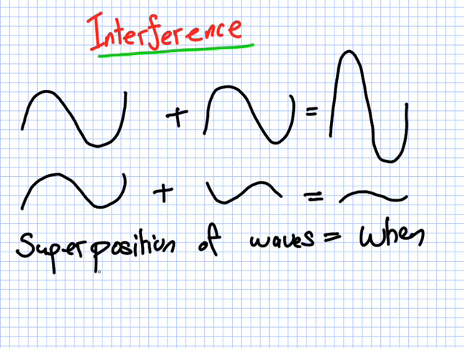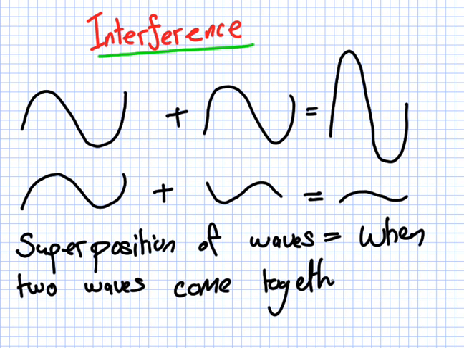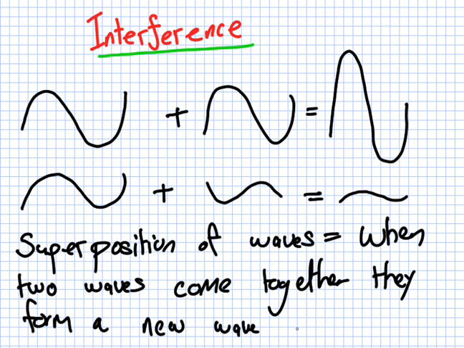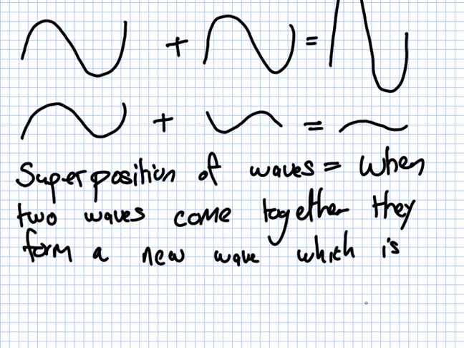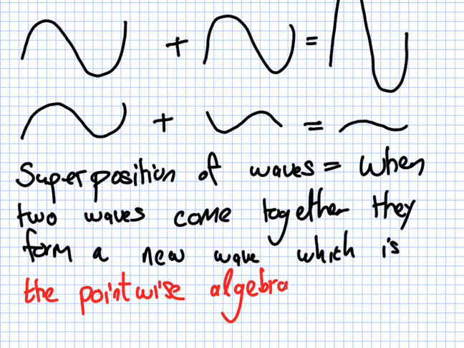When two waves come together, they form a new wave, which is, there's a very fancy term here, the pointwise algebraic sum of the two.